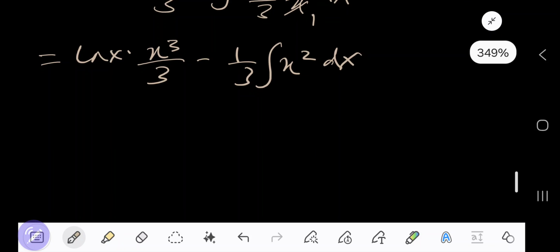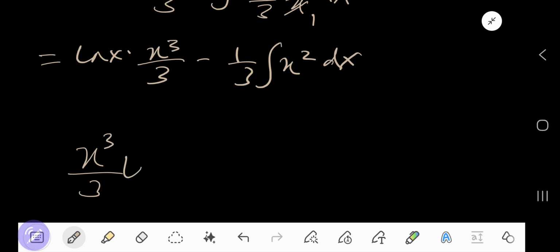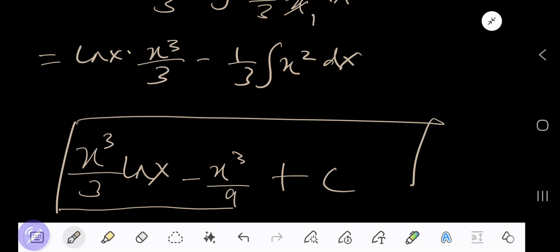So our final answer will become x cube by 3 ln x minus x cube by 9 plus c. That's our final answer.